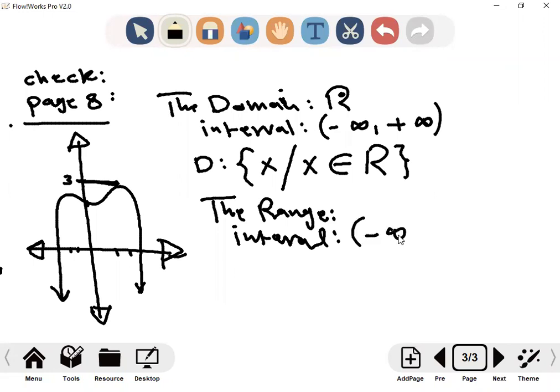From negative infinity, I said a few minutes ago, infinity, negative infinity, always you put parentheses. To where? And the 3 is what? Included. Okay? Done?